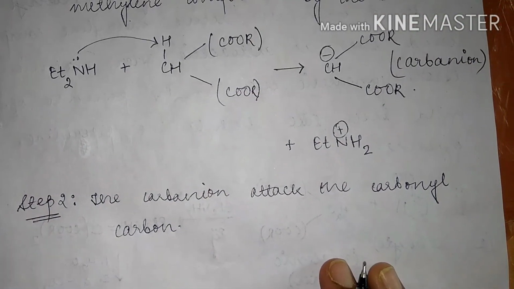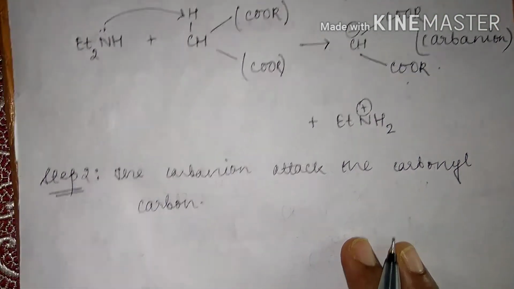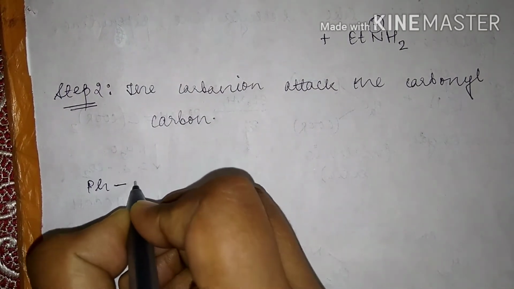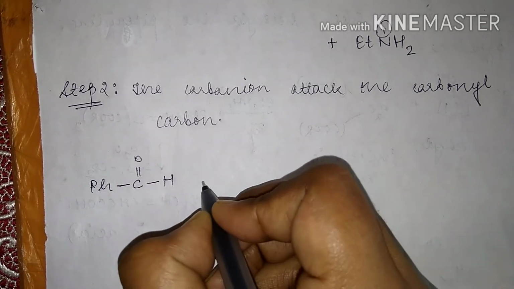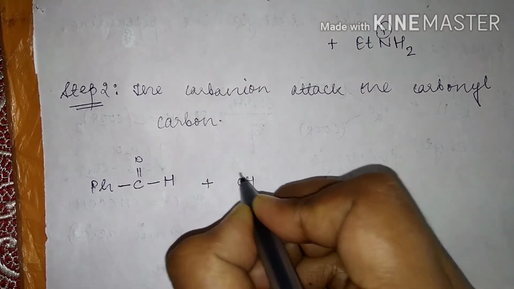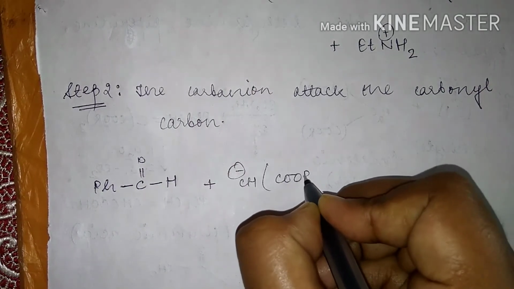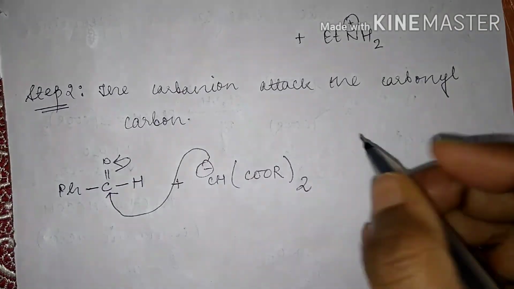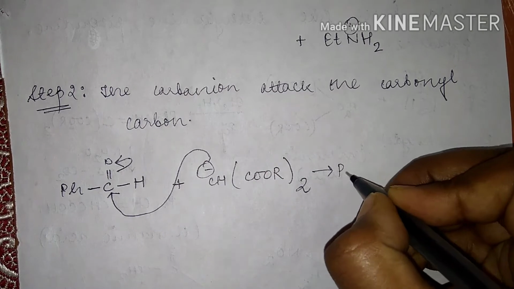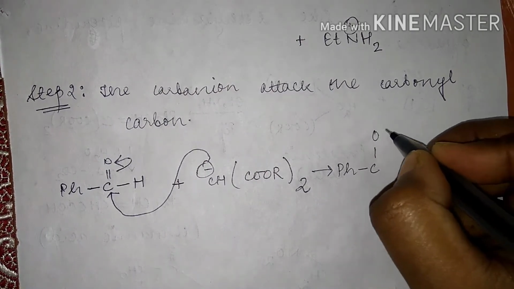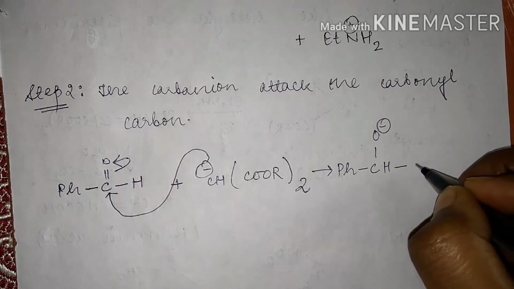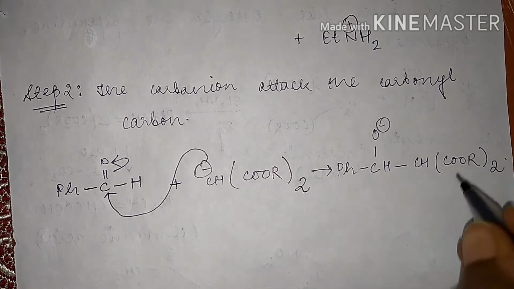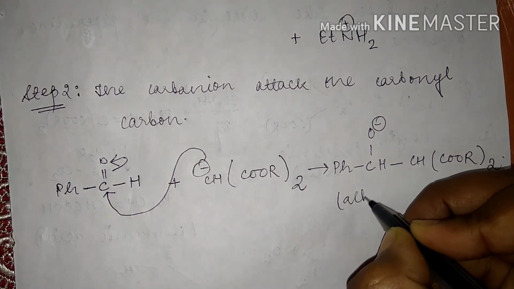This species will attack benzaldehyde, which we had used as the substrate. This gives us an alkoxide ion.